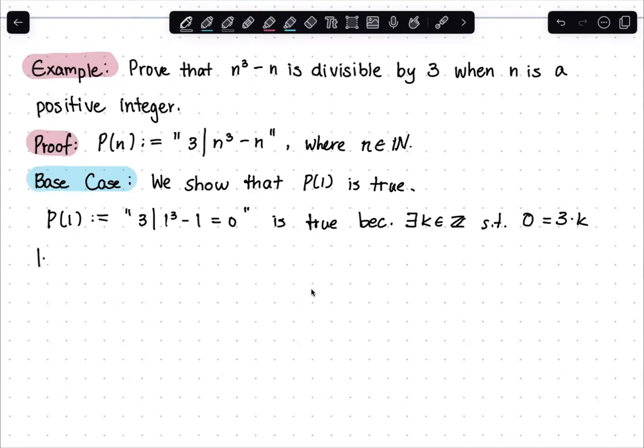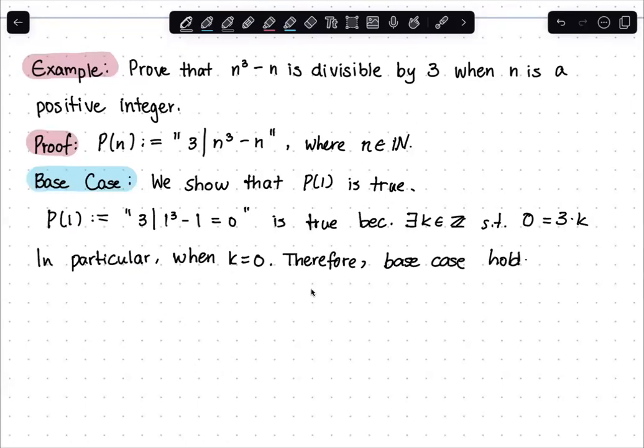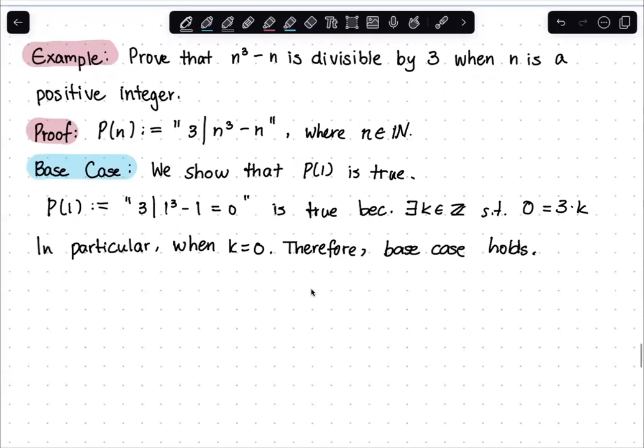So in particular, when k is 0. So therefore, the base case is true. Okay, so that's good. We proved the base case.